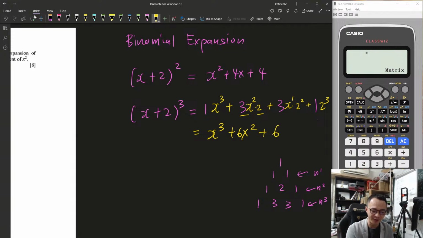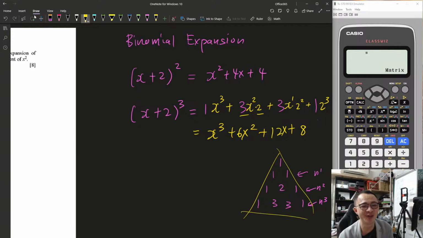Then this one will give me basically 6x times 4, right? So it should be 12x. And then plus 8. So basically, if I expand this, this is the value I should expect to get. This is called Pascal's triangle, but it's not really useful here. This is just how the formula comes from.